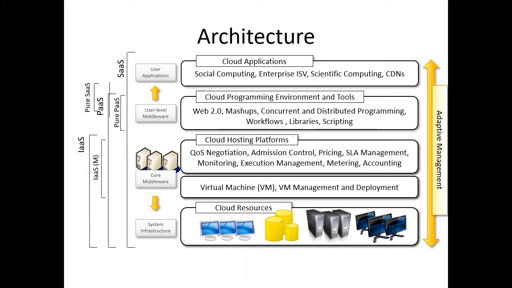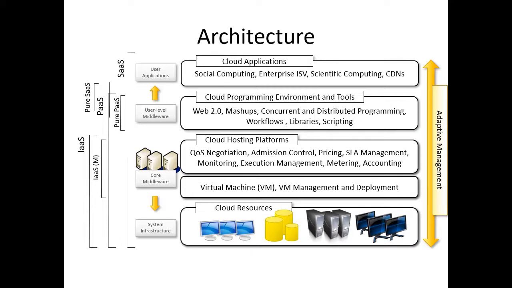Cloud infrastructure can be heterogeneous in nature. Varieties of resources such as clusters and even networked PCs can be used to build cloud architecture. Storage and other infrastructure are also included in cloud architecture.